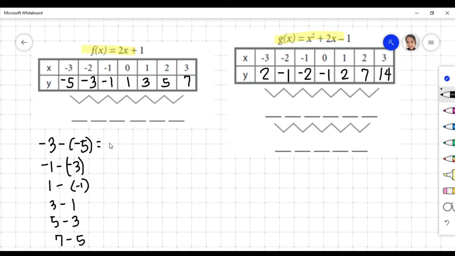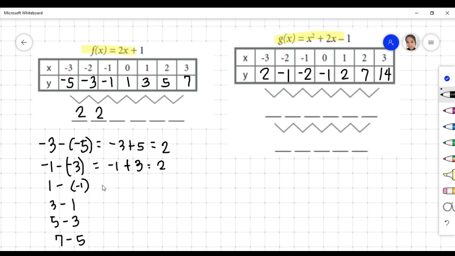If you subtract this, this becomes -3 plus 5, because negative times negative is positive. So that is positive 2. Next, -1 minus -3, so that is -1 plus 3. That is 2 again.